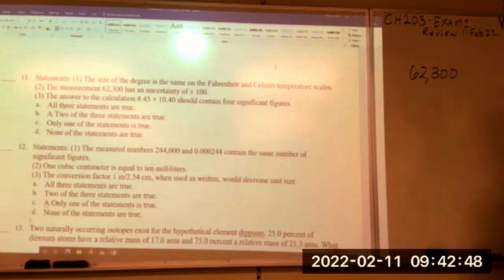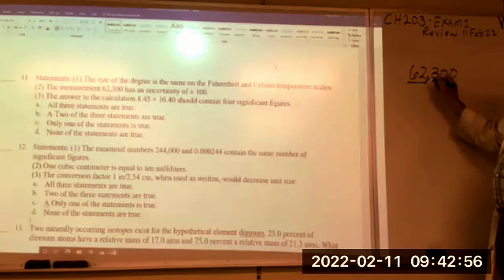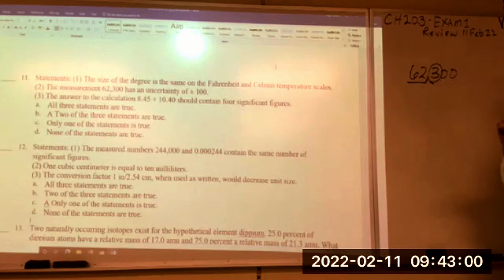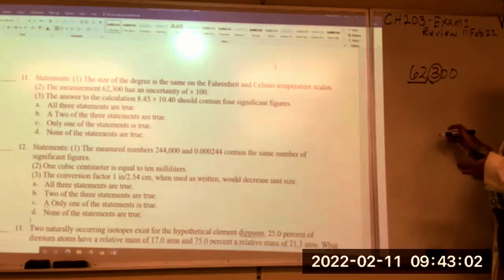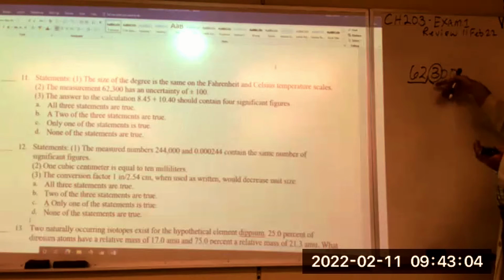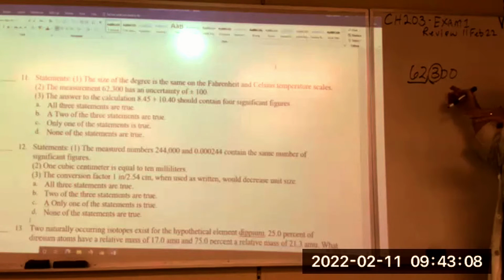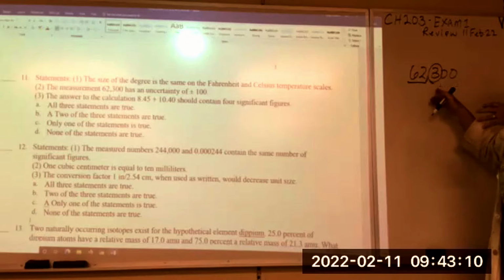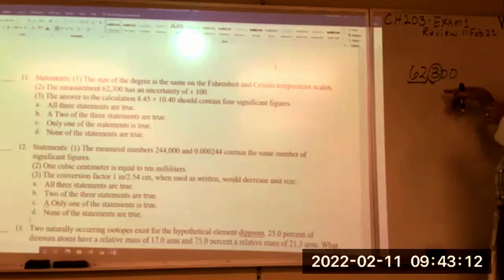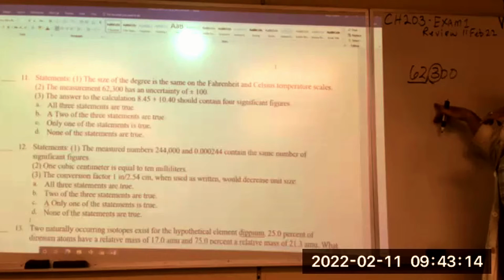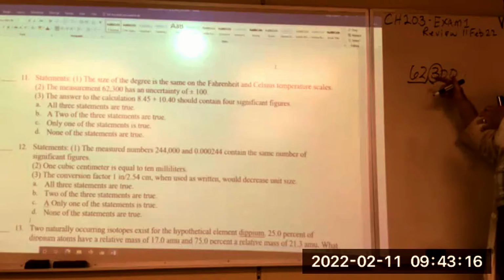The certain numbers are these two, right? And the uncertain one is this one. So if it's uncertain, then it's uncertain in that one. If we're taking a guess at this value, we'd either have to guess up to 4 or down to 2.